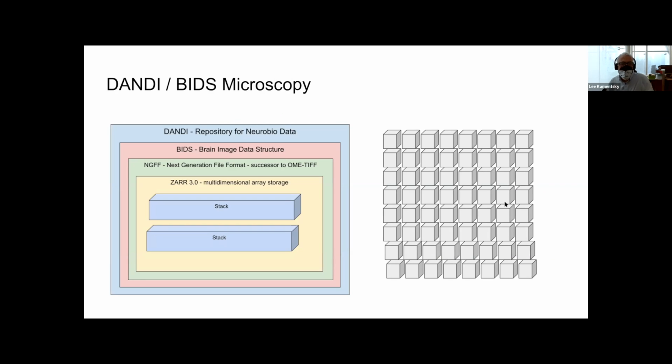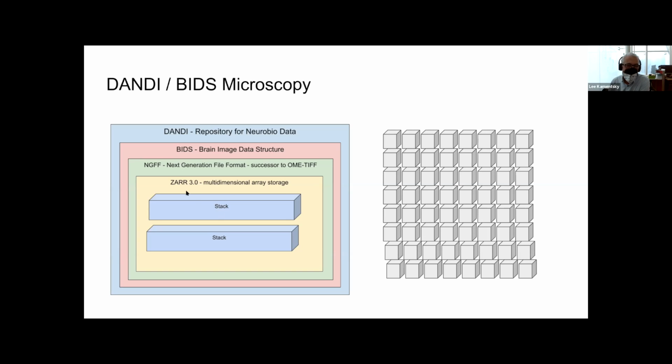We store our data using the new BIDS microscopy spec. The individual stacks are stored in NGFF, which has underneath it a Zarr array, which looks very much like a Python NumPy array.